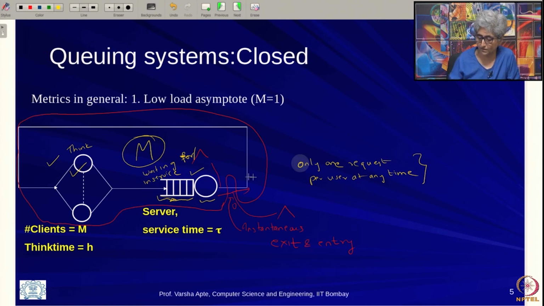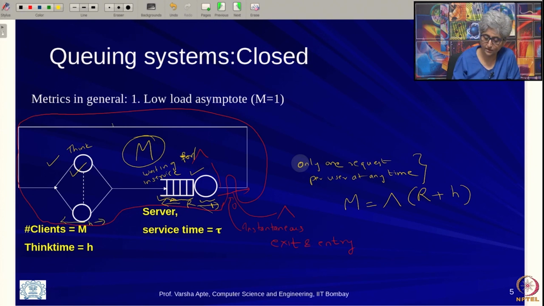So, for this then Little's law becomes essentially M equals lambda times (R plus H), right. The time here is R, the time here is H, the think time here is H, and that is it. We do not assume any other times.